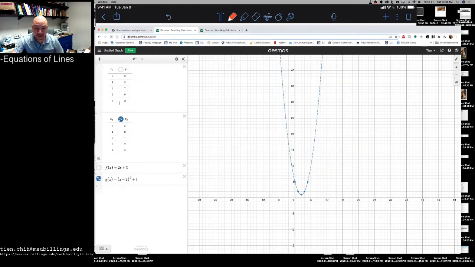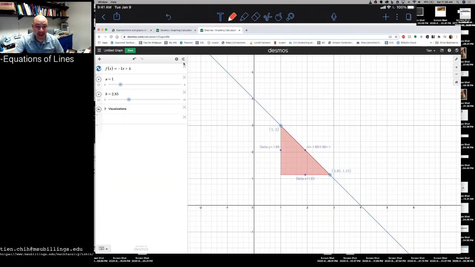So over here I have an example of a linear function, say minus 1x plus 4. So this minus 1 plays the role of the slope, and 4 plays the role of the intercept. So we can see when x is 0, y is 4, as we expect.